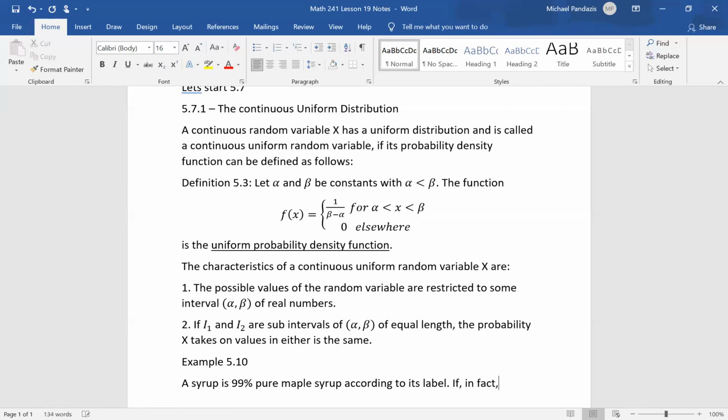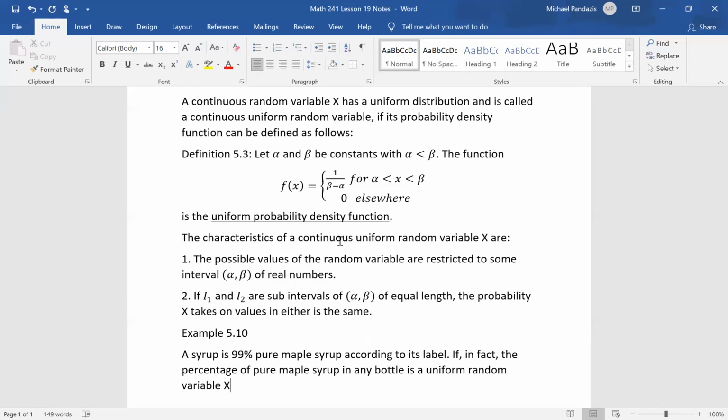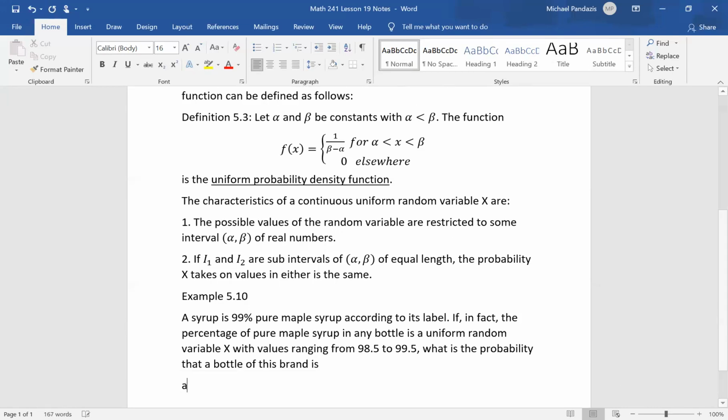If, in fact, the percentage of pure maple syrup in any bottle is a uniform random variable x with values ranging from 98.5 to 99.5, what is the probability that a bottle of this brand is less than 99% pure maple syrup?